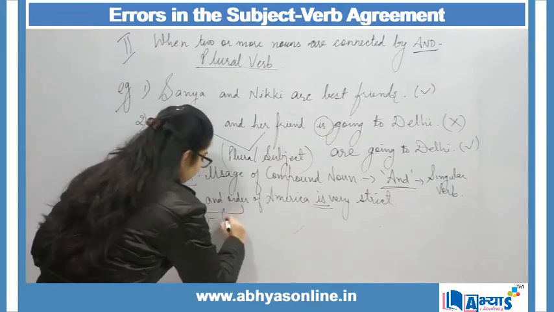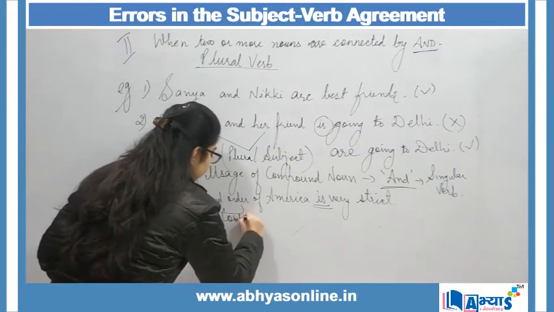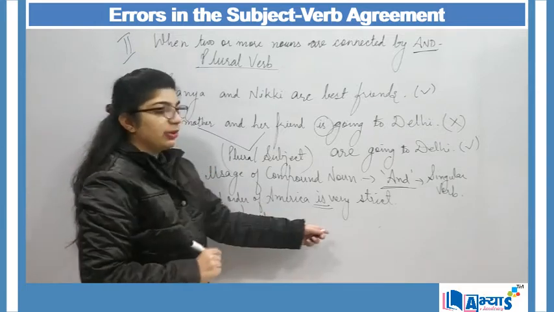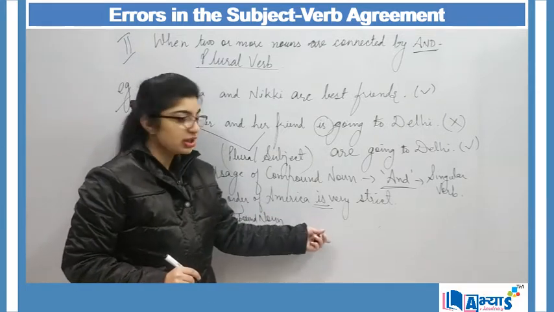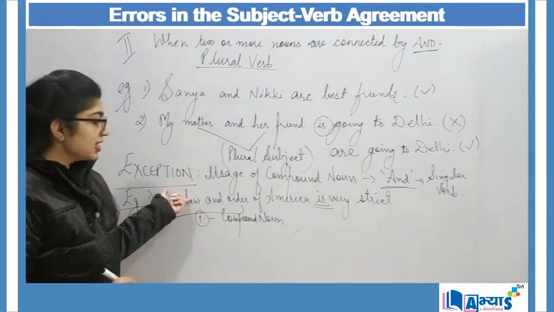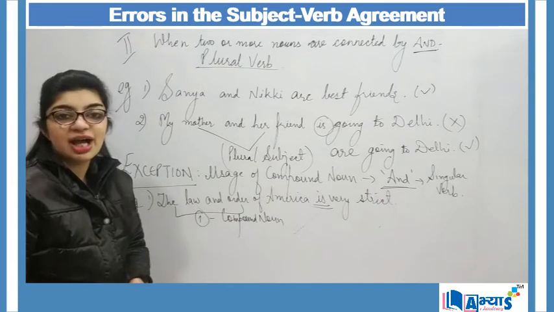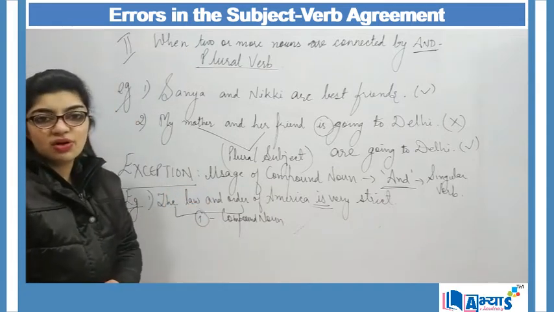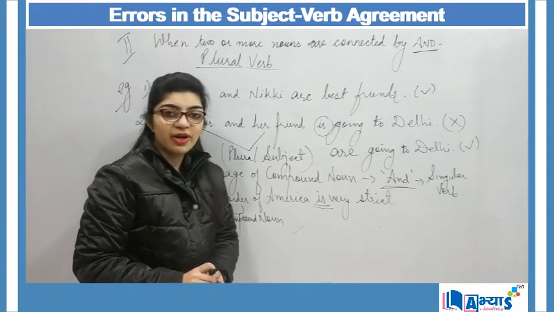Why? Because they are a compound noun. And with a compound noun, we will be making use of a singular verb. So make sure that you understand this rule very well, because these are also the common errors that are made. If you know the rule, then there are fewer chances of any kind of error.